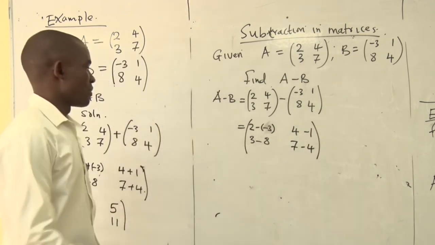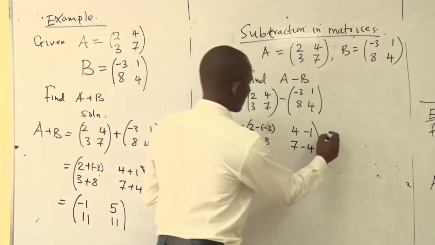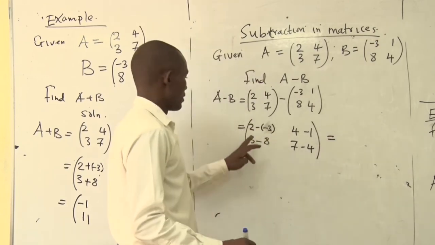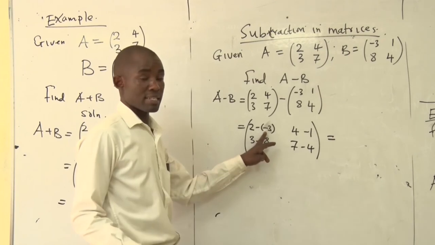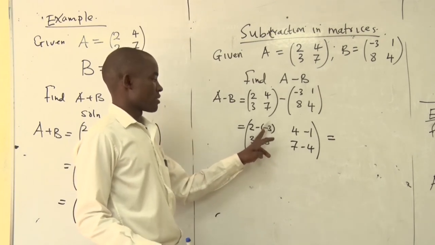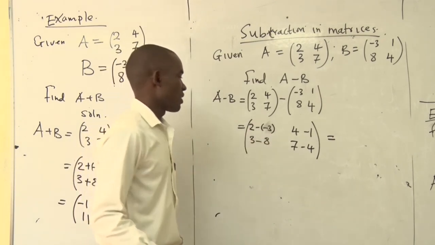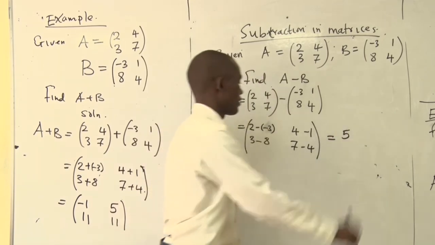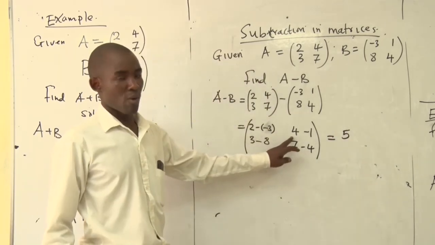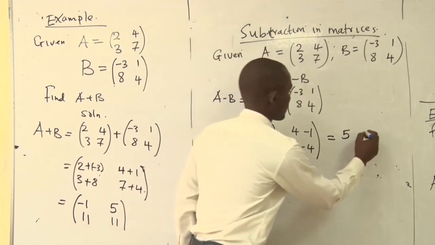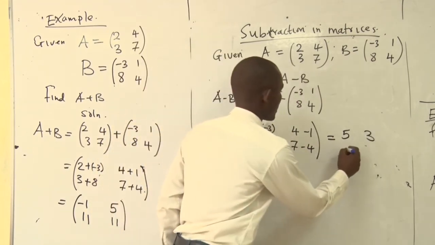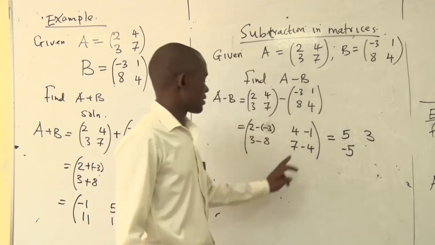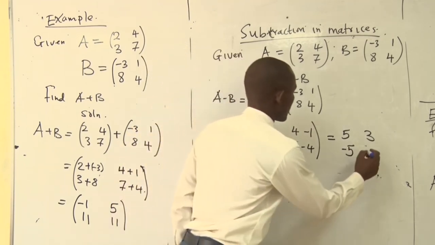Remember, 2 minus minus 3, a minus and a minus gives a plus, so 2 plus 3, you get 5. 4 minus 1, you will get 3. 3 minus 8, you will get minus 5. 7 minus 4, you will get 3.